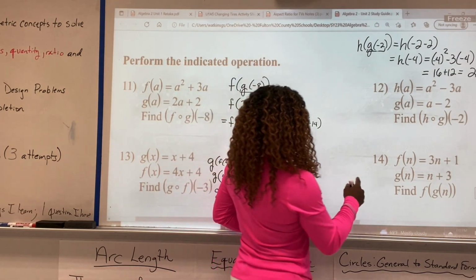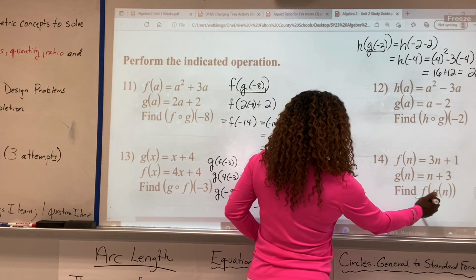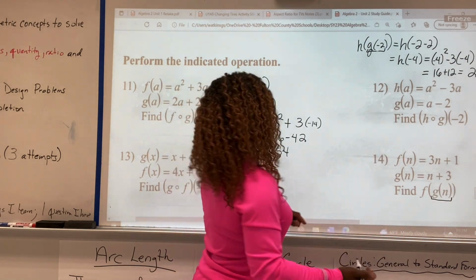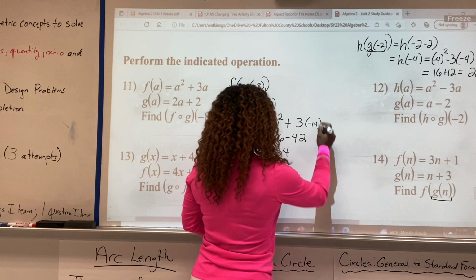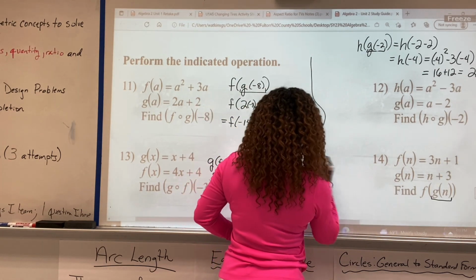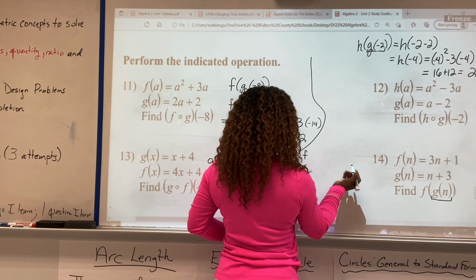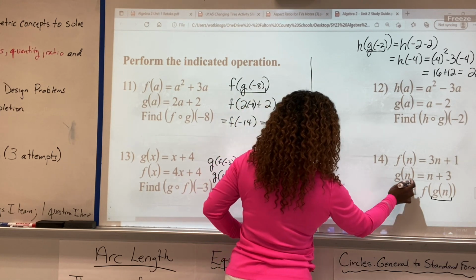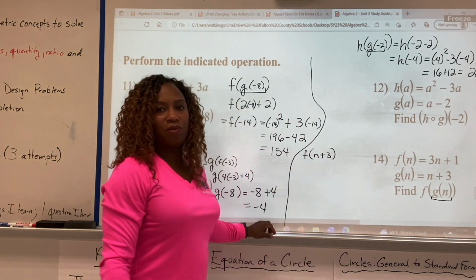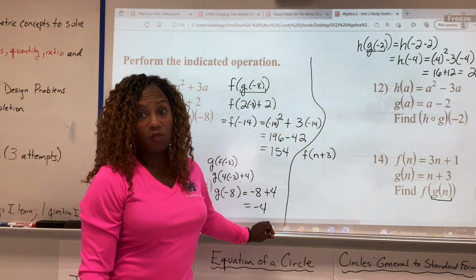So, again, I do what's in parentheses first. You always start on the inside and work your way out. I need to find f of g of n. Well, what is g of n? It is n plus 3. Notice I didn't replace the variable with a value. They didn't give me a value, so I keep the variable.